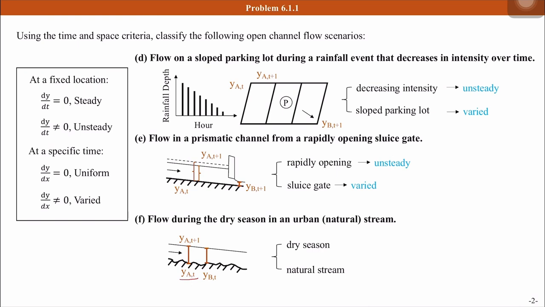And the natural stream implies that the bottom of the channel is not flat. So at a specific time, the water elevation at different locations should be different. Therefore, it is a varied flow.